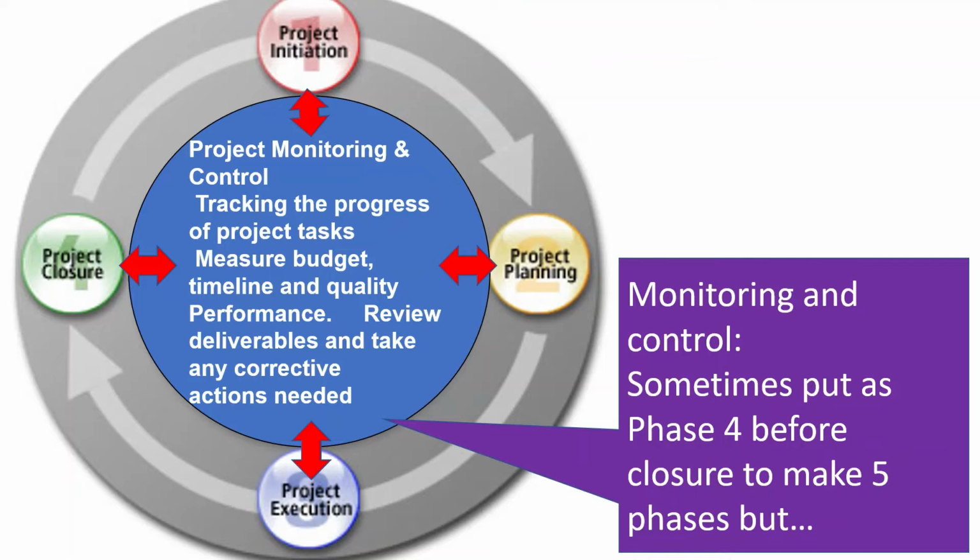So here we have elected to put it in the middle of the cycle because monitoring and evaluation is an ongoing process and every other phase may be monitored and evaluated also.